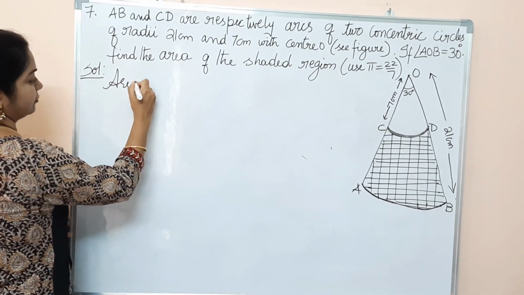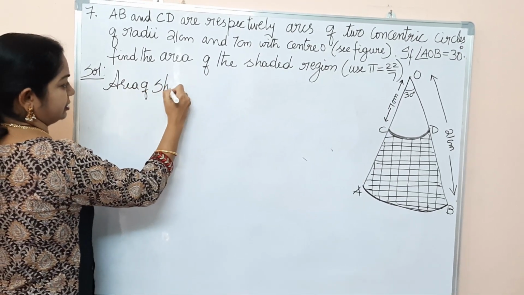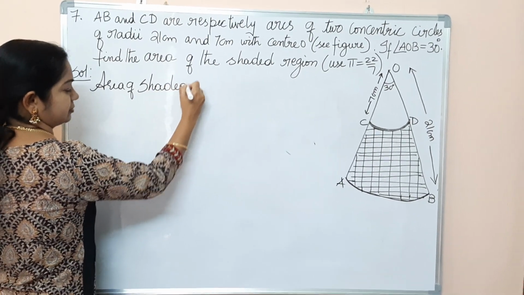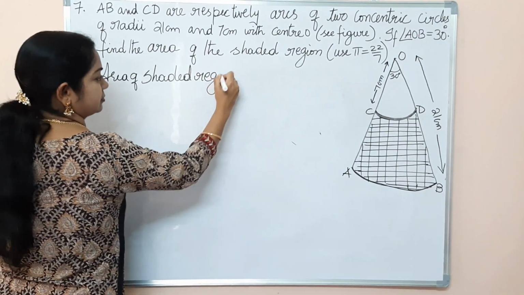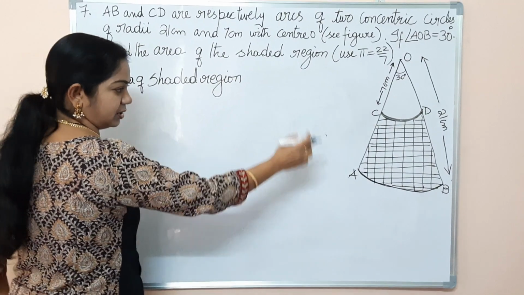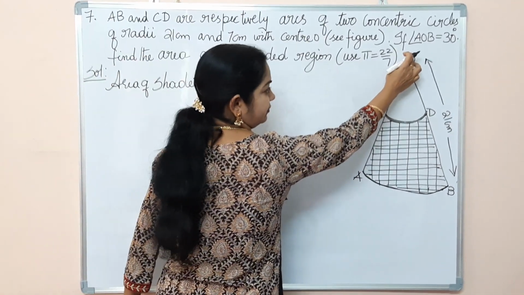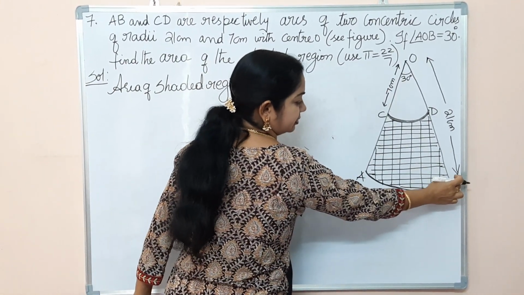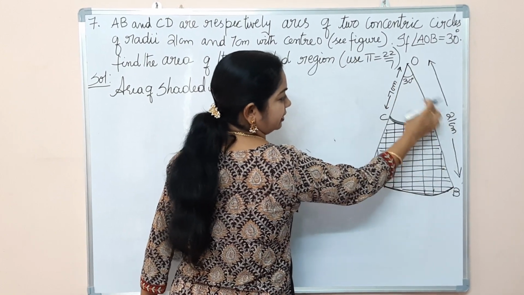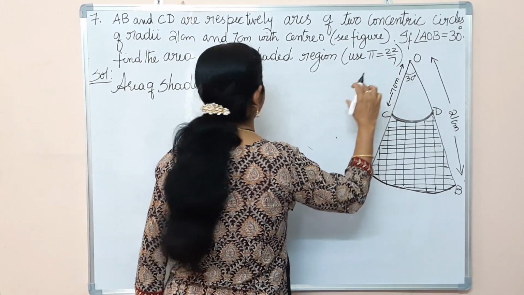Area of shaded region. Since these two are concentric circles, they have given the radius of the bigger circle is 21 and the radius of the smaller circle is 7 centimeters.